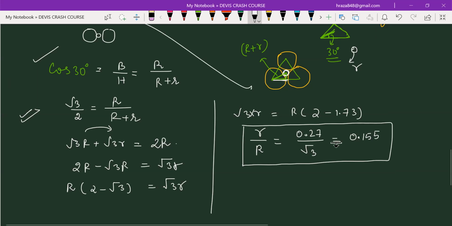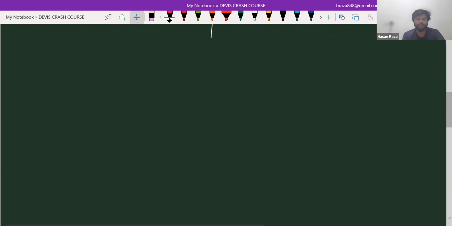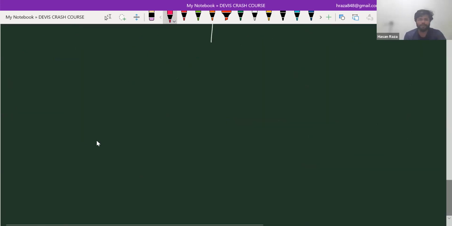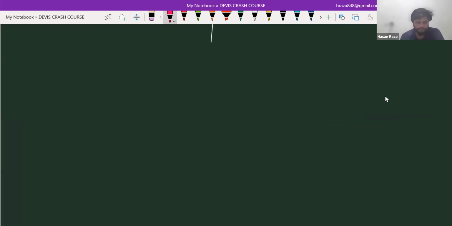Now let's start. Anion to cation ratio. Now the first is basically, as I told you, linear, that is surrounded by two atoms.